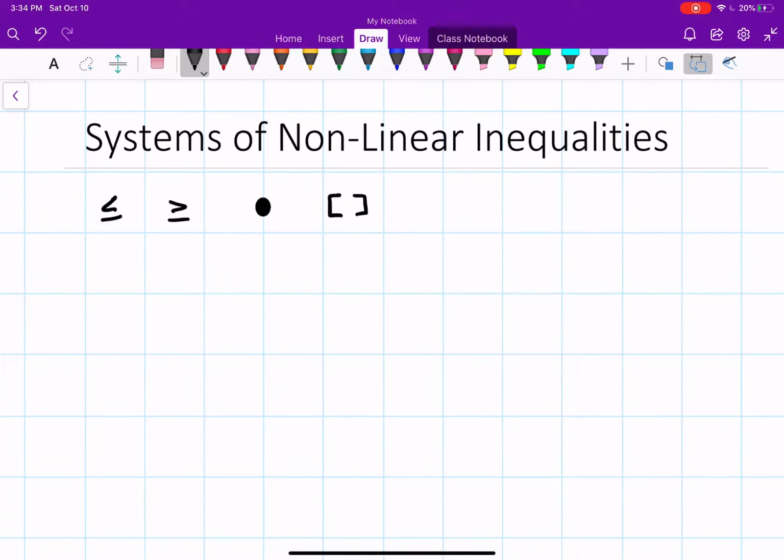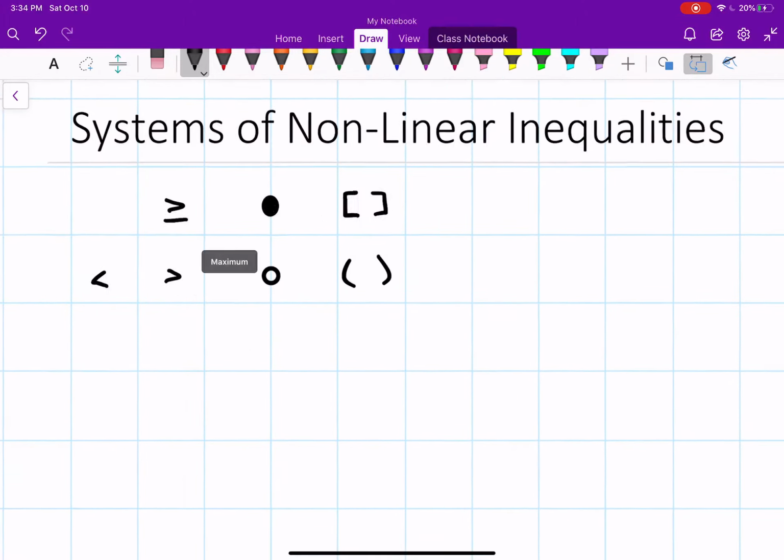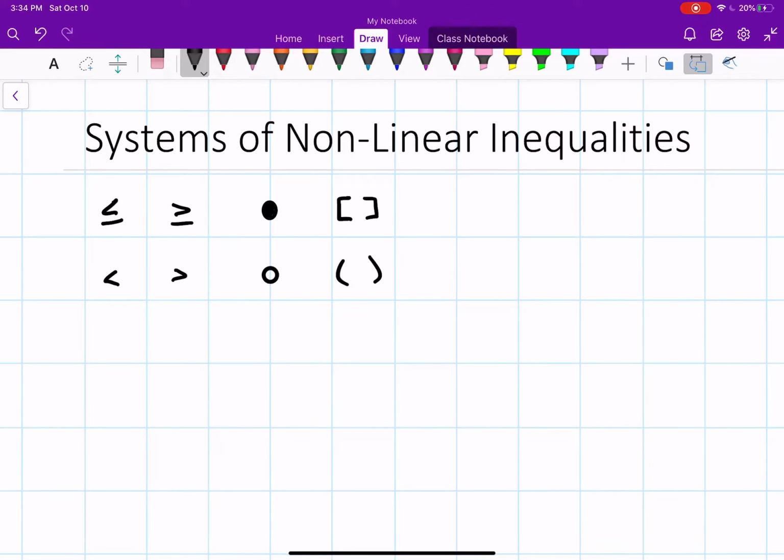And then with the less than sign and the greater than sign, because it doesn't include that point, we usually use an open circle. And with open circles, since we can't touch or include that point, we use parentheses when we are doing intervals and stuff like that. So those are all kind of interconnected, but more importantly, the open circle and the closed circle is the most important part.